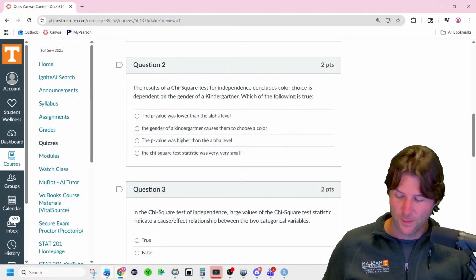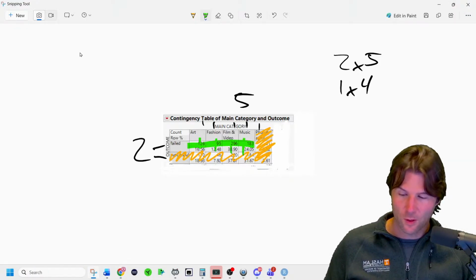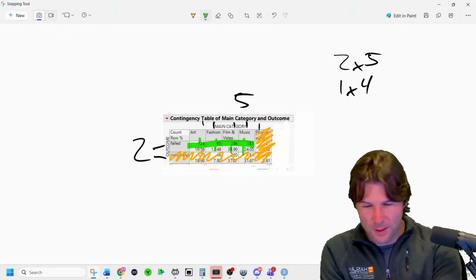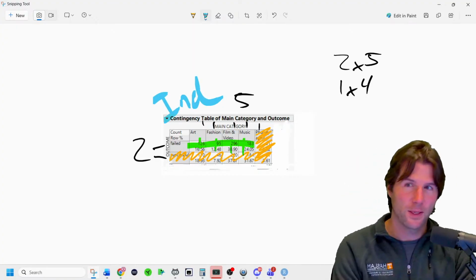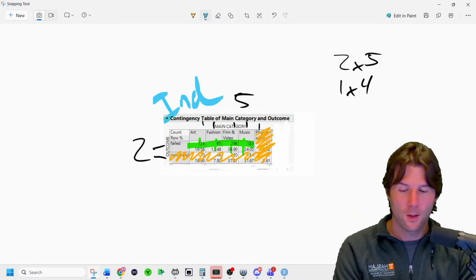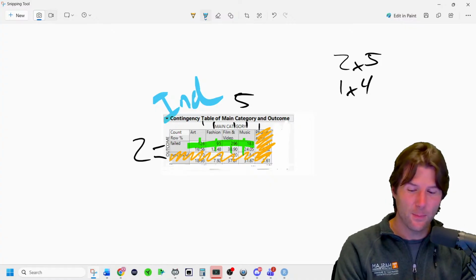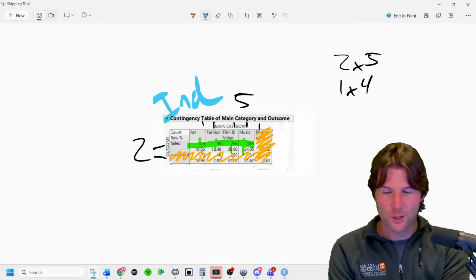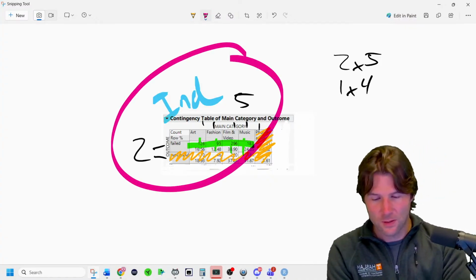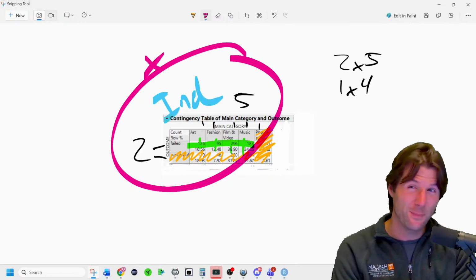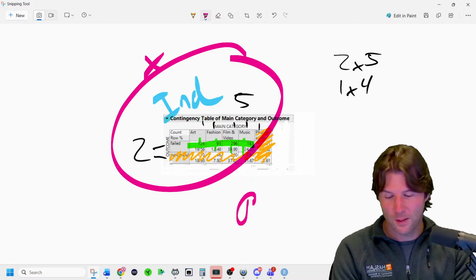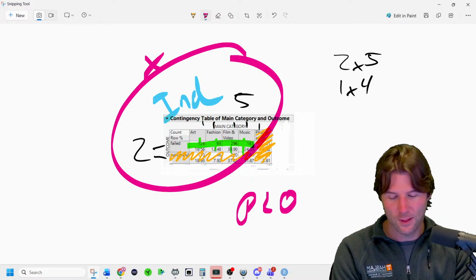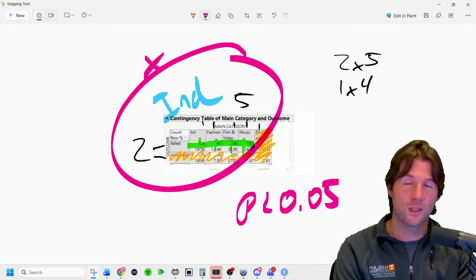Which of the following is true? When you think about the null here, we always put the word independent between the 2 things, like the outcome is independent of the category. When we conclude that they are dependent, that means we rejected the null. You have to reject the null to conclude that they're dependent, which means p-value less than alpha level, which is usually 0.05 unless otherwise stated.